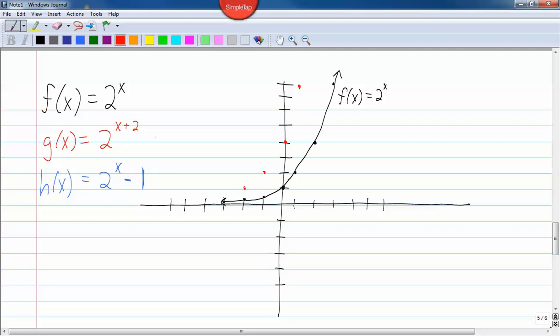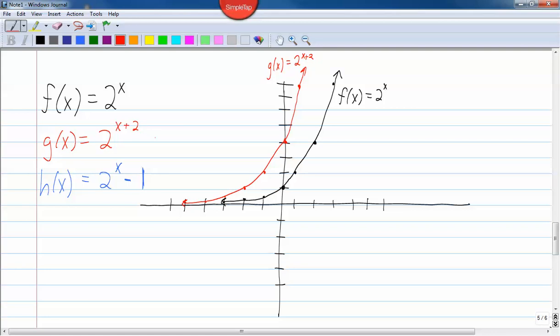Shift this one over 2 units, this one over 2 units, and this one over 2 units. Alright. So now this red graph here, that would be g of x equals 2 to the x plus 2 power.